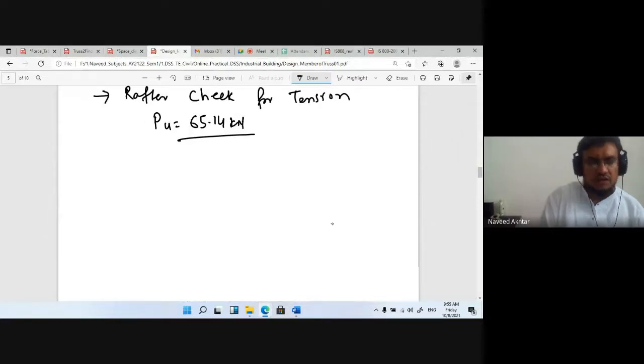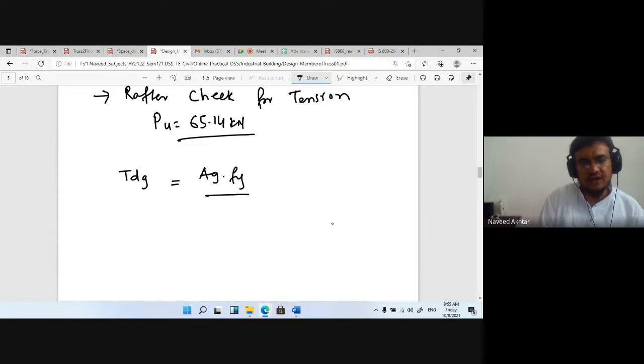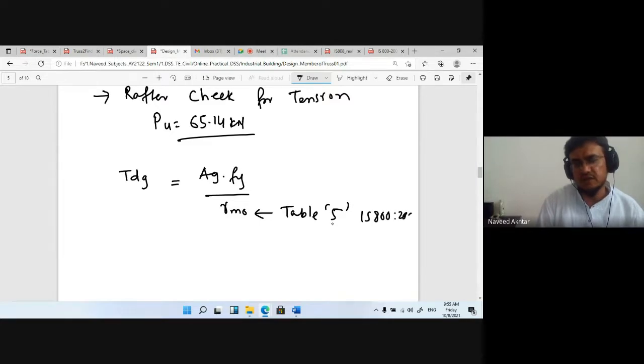So now you have to find TDG, the design tensile strength due to gross section yielding, which is AG into Fy upon gamma M0. This you can take from Table 5 of IS 800:2007, so that value is 1.1.